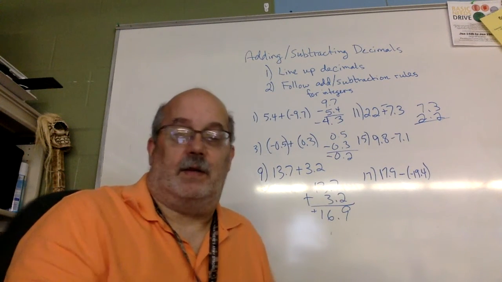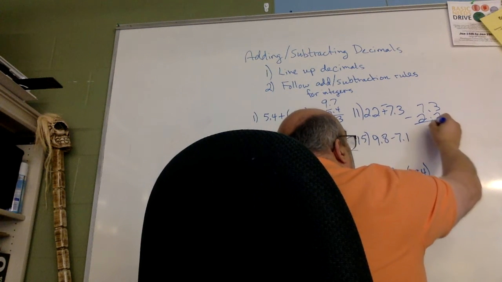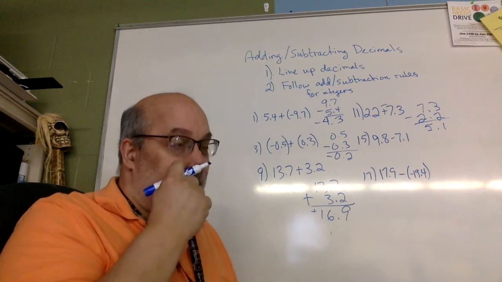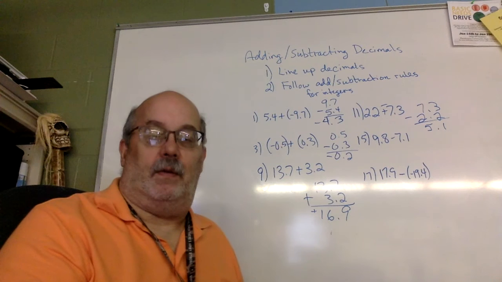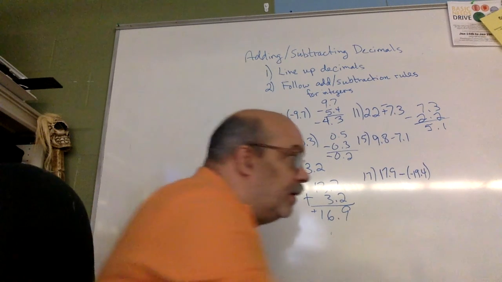They're different, so we're going to subtract. I get 5.1. 7.3 is larger than 2.2. 7.3 is negative, so our answer is negative 5.1.